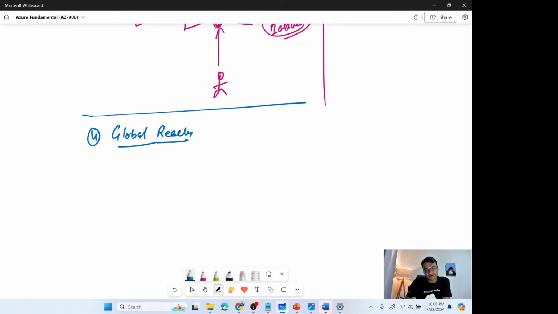Global reach. Now, if Bella is really ambitious, then what she would want to do is that once she has launched her business, she has migrated over to the cloud, her website is running in the cloud infrastructure, she would want the product to be sold not just in India, but outside of India as well.